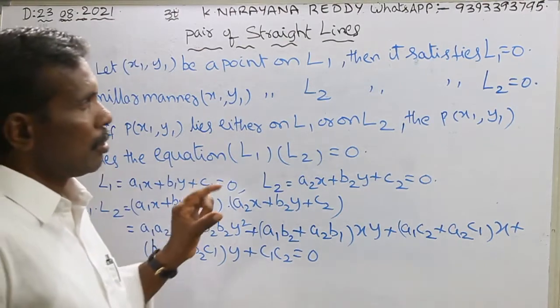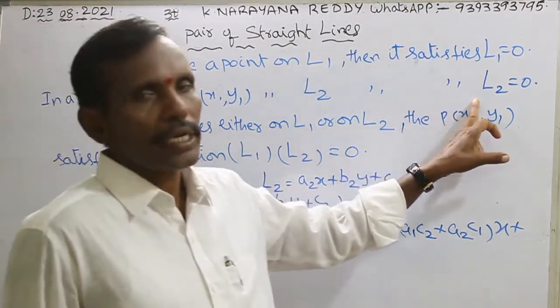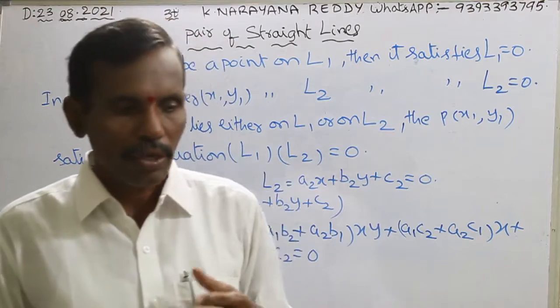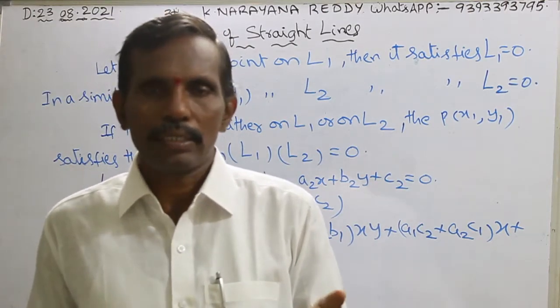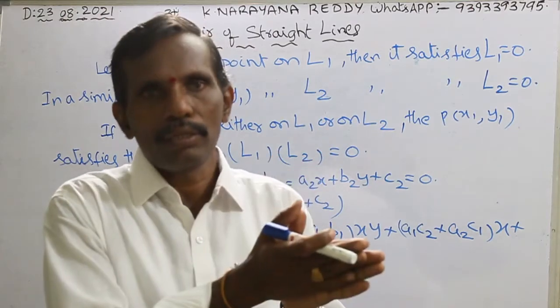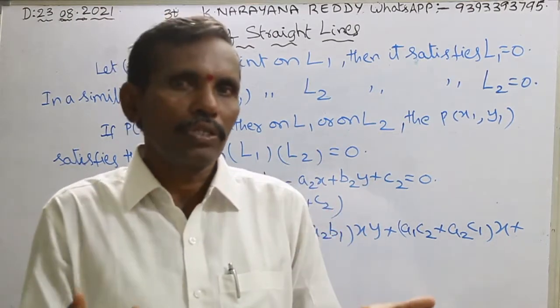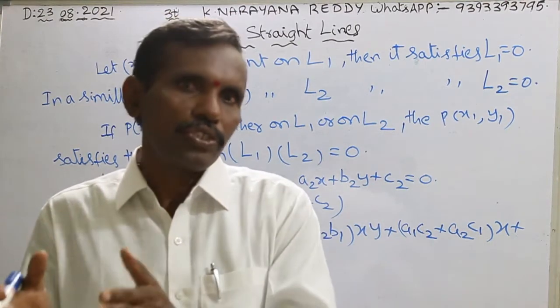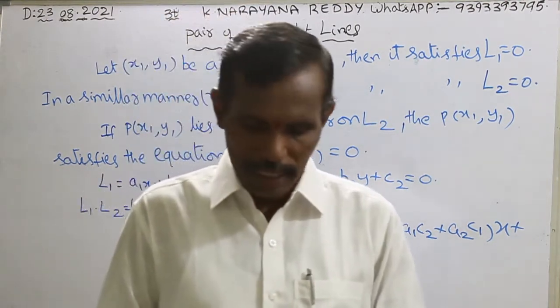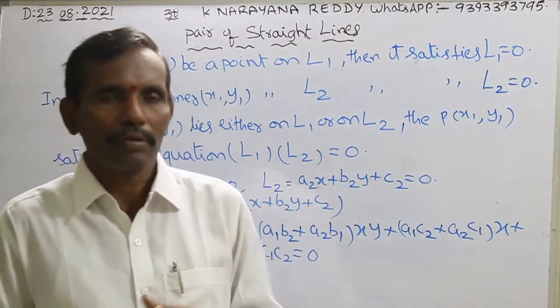It is nothing but the product of two straight lines, called a pair of straight lines. Whenever it possesses some point xy or ab which can satisfy that point, suppose L1 is equal to 0, L2 equal to 0, the product of L1 L2 is also 0. That is a pair of straight lines. Okay guys, practice these problems. These are very important.